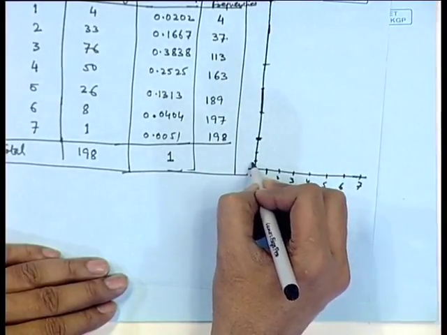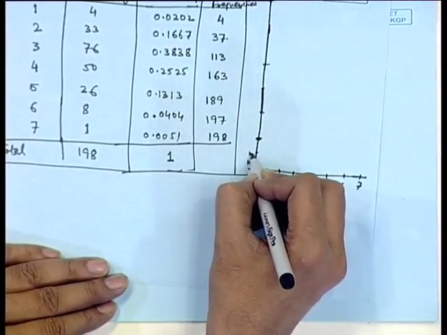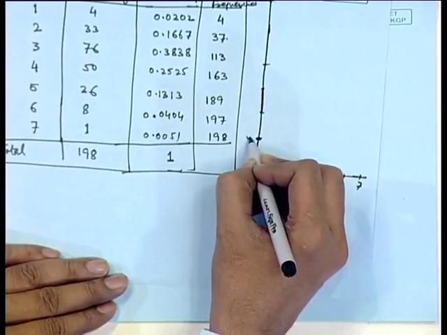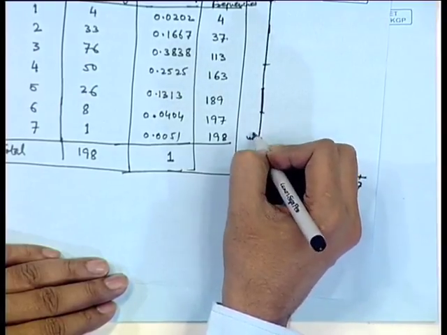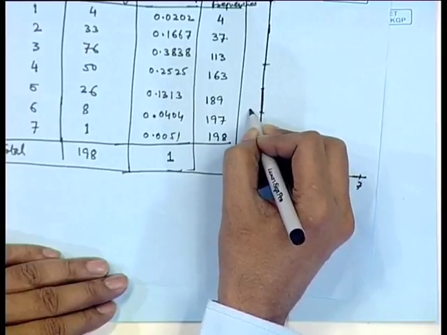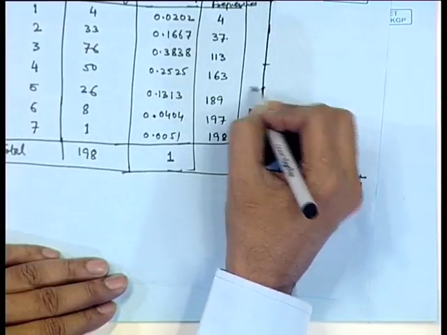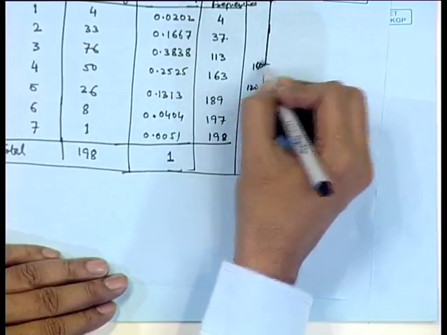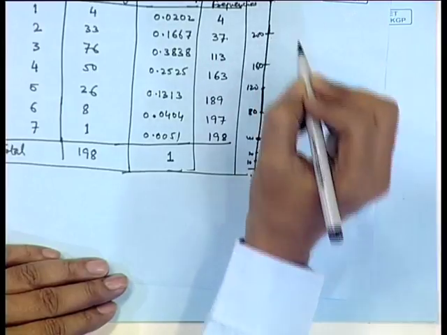So, in place of this I can make this 10, then 20, then 40, then 80, 120, 160 and 200.